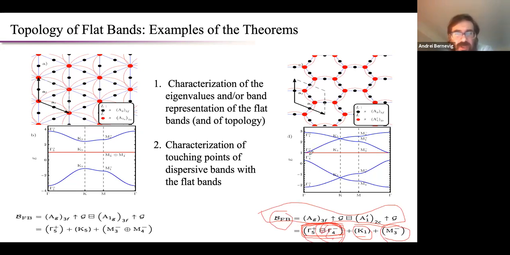Okay, so this representation at the gamma point is actually gamma 5 plus. Okay, it's a two-dimensional representation. It's gamma 5 plus, and you can write the flat band as gamma 5 plus, K1 representations, M3 minus. And in this case, this is one-dimensional, this is one-dimensional, this is two-dimensional. So you know that the flat band has a degeneracy point with a dispersive band.